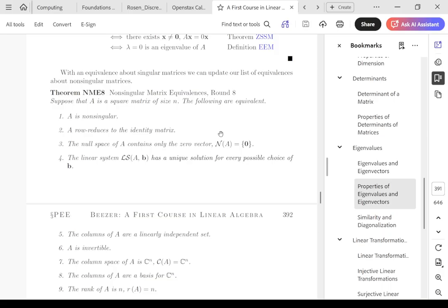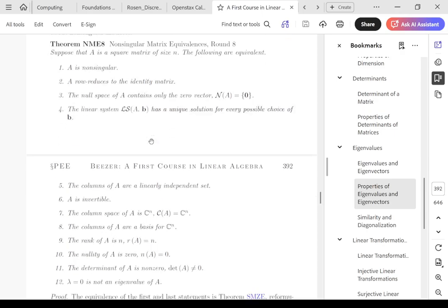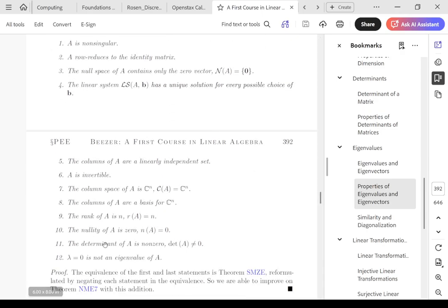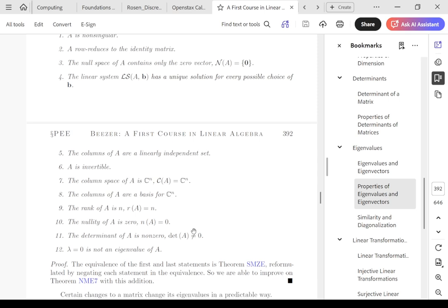Suppose that A is a square matrix of size n. The following are equivalent. Going on down to the bottom, 11 came from our previous section, and now we can add 12: lambda equals 0 is not an eigenvalue of A. That would mean that our matrix is non-singular.